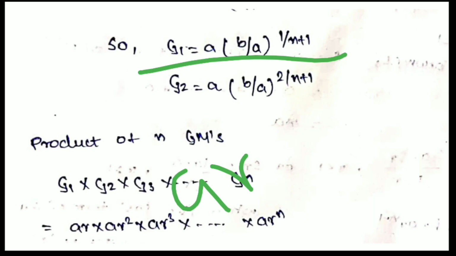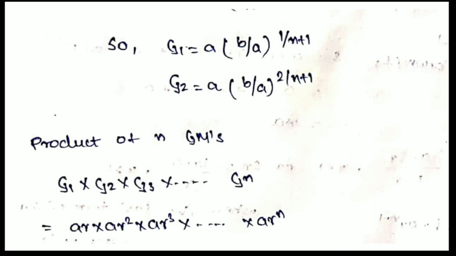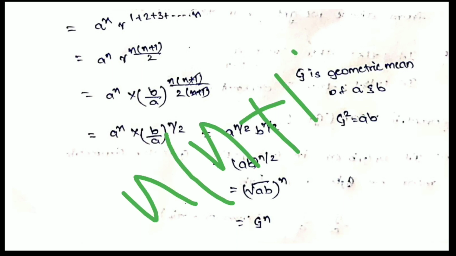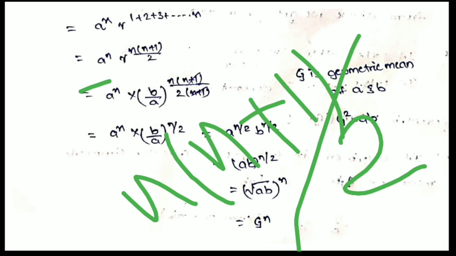Now R is equal to (B by A) whole power 1 by (n plus 1). We substitute for G1 and G2 with R and R square. Product of n GMs, that is G1 into G2 into G3 and so on to Gn, is AR, AR square, AR cube, and so on, AR power n. That is A power n into R power (1 plus 2 plus 3 plus so on up to n). This is the sum of natural numbers, that is n into (n plus 1) by 2.